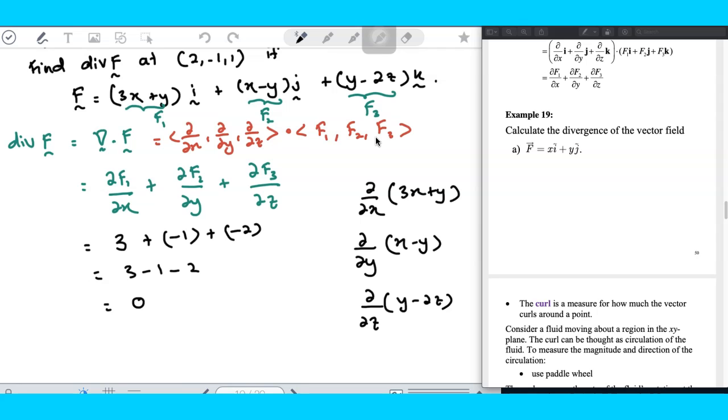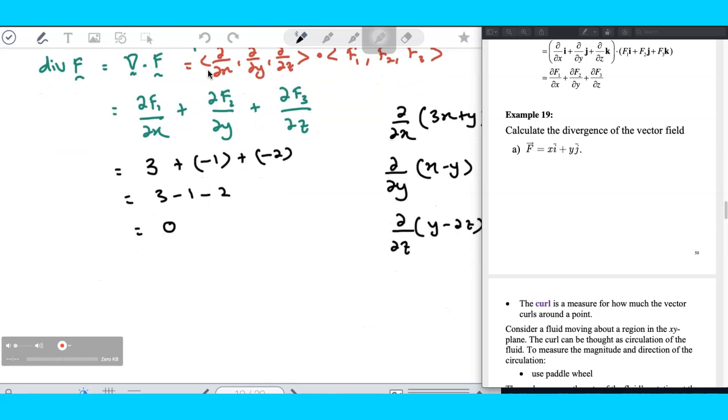So you can see that the given vector field is solenoidal, which is incompressible, right? Since the answer is already 0 without putting in any values of x, y, and z, we can explain it here.